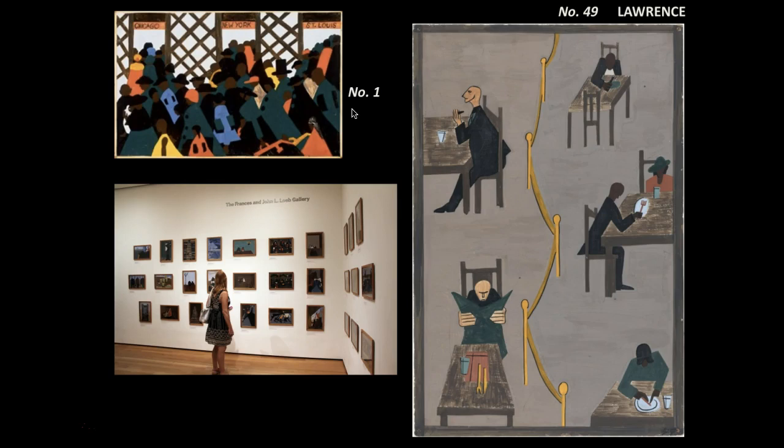Some of the earlier ones focus more on the South, but this one focuses on the North and how African Americans were treated there. The long title of this panel, number 49, is They Also Faced Discrimination in the North, although it was a much different form than what they had known in the South.